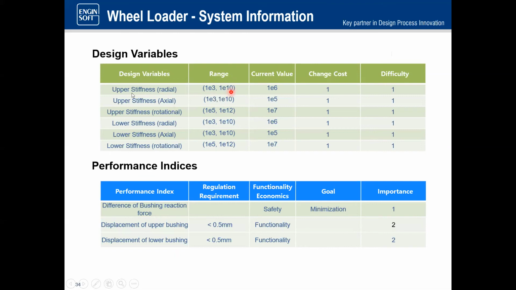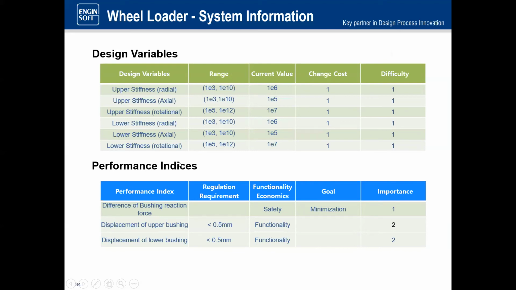Actually, we can reuse some of these design variables, because the radial aspect is going to be the same in 2 directions. And then there's axial stiffness, which is in a different direction. Anyway, we're trying to keep the design variables to as low a number as possible, while covering the different aspects of interest. So we have the upper bearing stiffnesses, 3 of them, and then lower bearing stiffnesses.